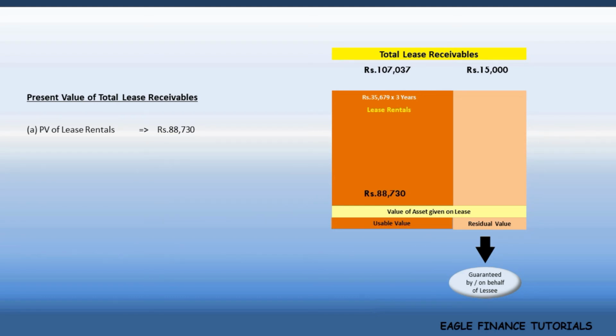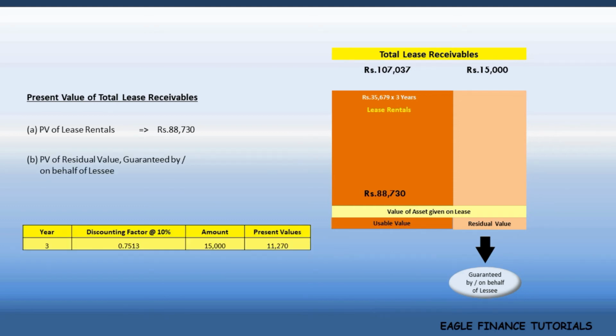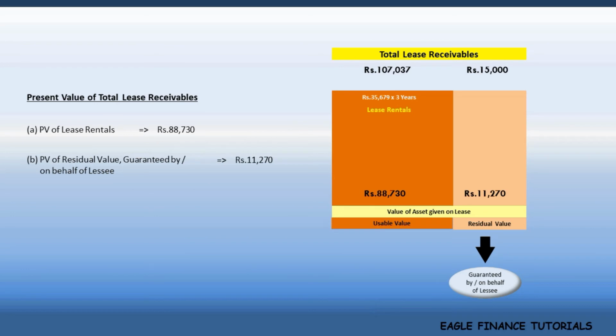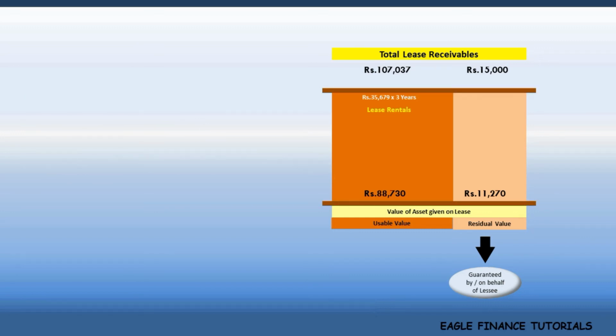Present value of residual value guaranteed. From the calculation table, we see the present value of GRV as rupees 11,270. We make the totals.